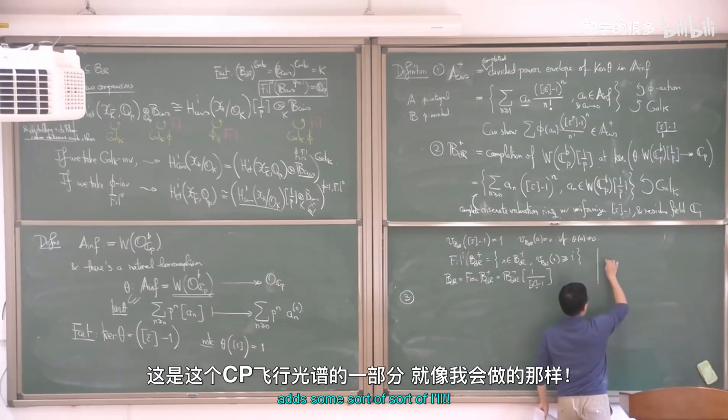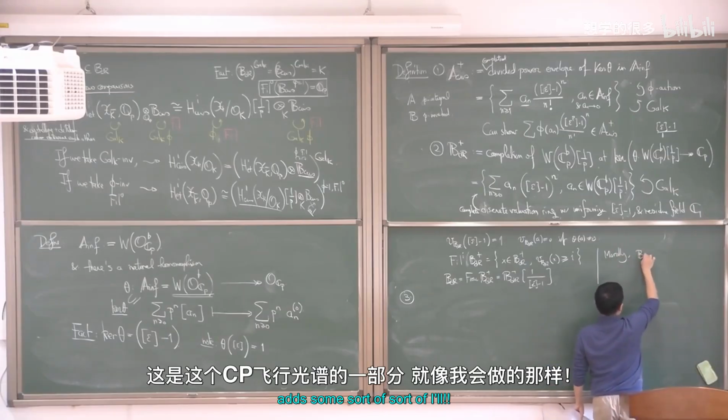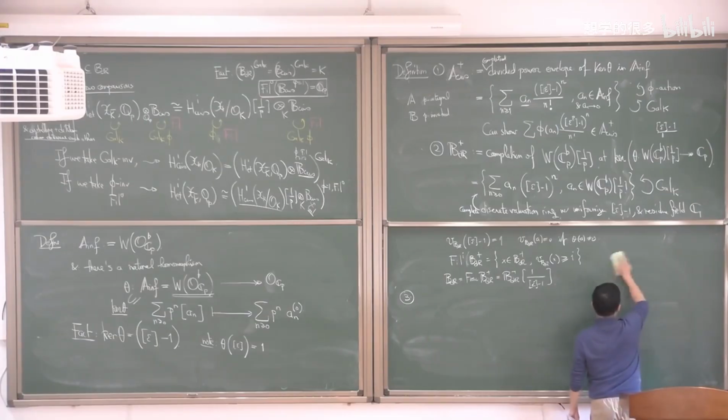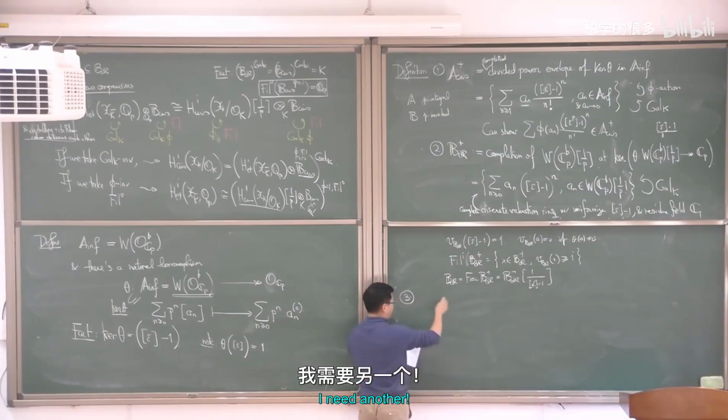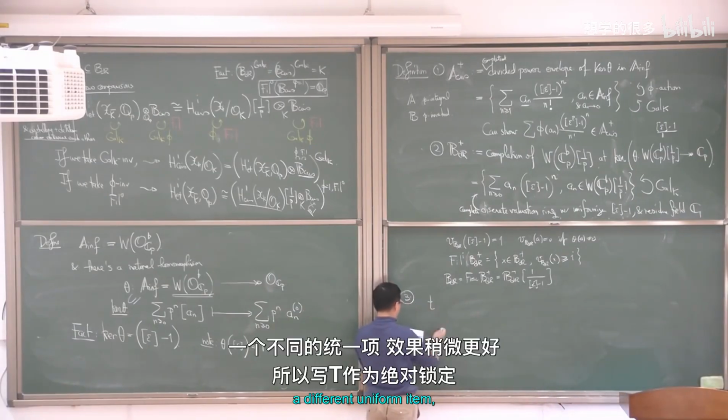I'll say more about that later, but after I introduce it here. So I need another variable, a different uniformizer, which works a little better.